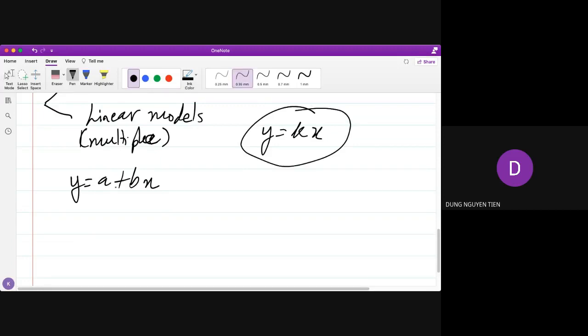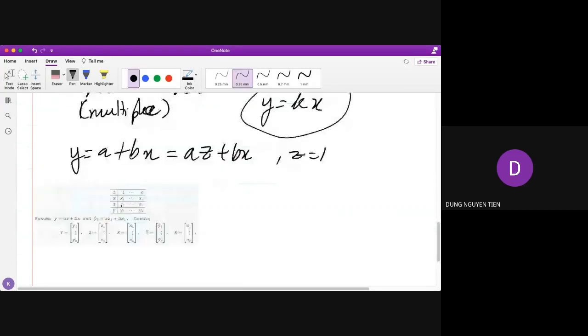What if y equals a plus bx? Then you can say it is az plus bx, where z is always 1. Then we have another linear function in that case. So let's say we have this one.